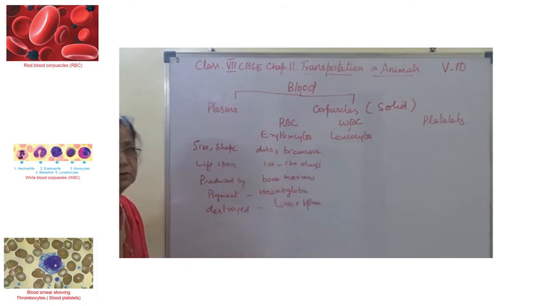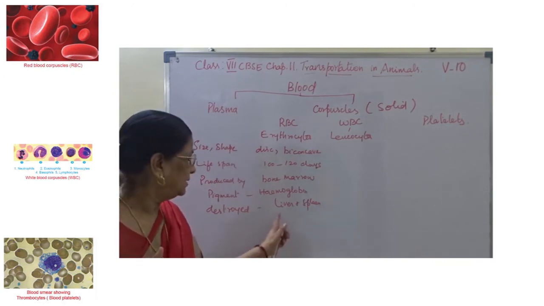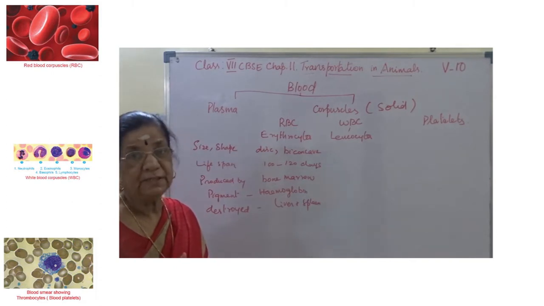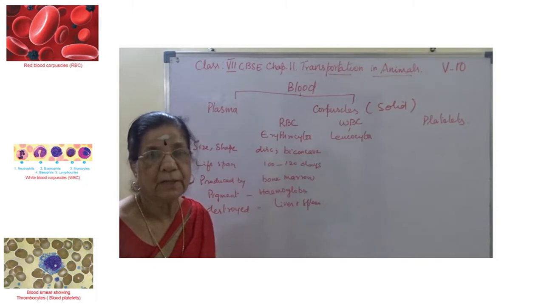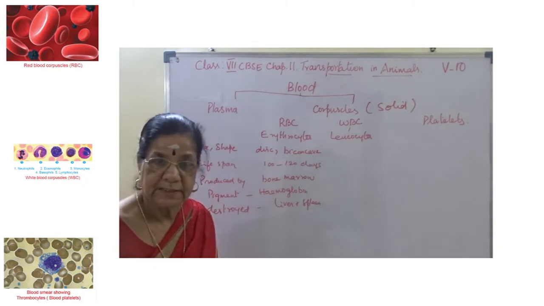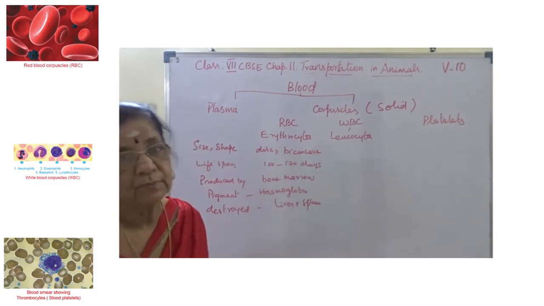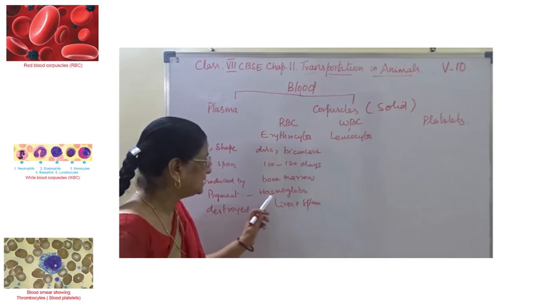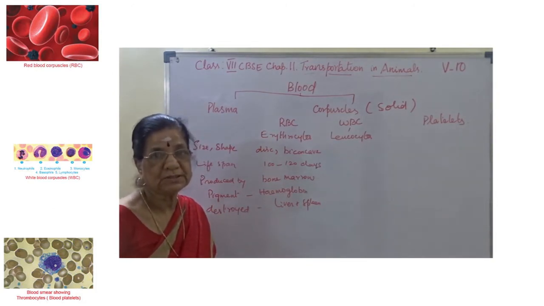After 100 to 120 days, the RBCs are destroyed and reach the liver and spleen. In the liver, the breakdown products of RBC, or hemoglobin, are bilirubin and biliverdin. It contains the red pigment hemoglobin.